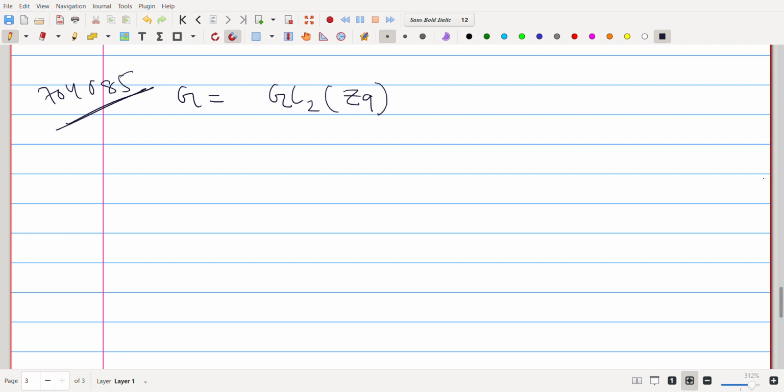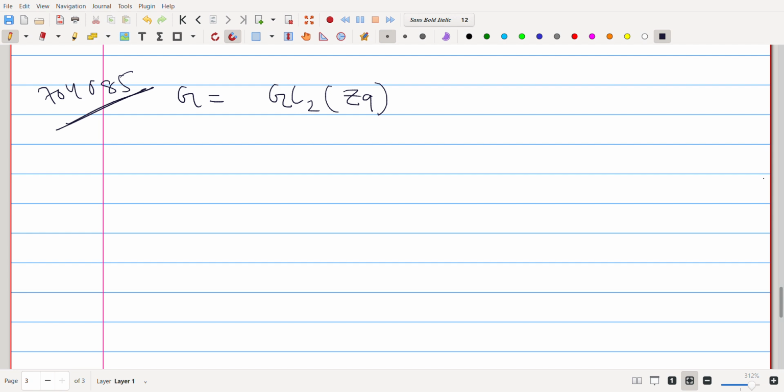So we already know the order of some group which is inside this group. That group is GL2(Z3). Why is GL2(Z3) inside GL2(Z9)? Because if I take any element from GL2(Z3), the entries lie between 0, 1 and 2, and we can think of that same matrix as a matrix mod 9.